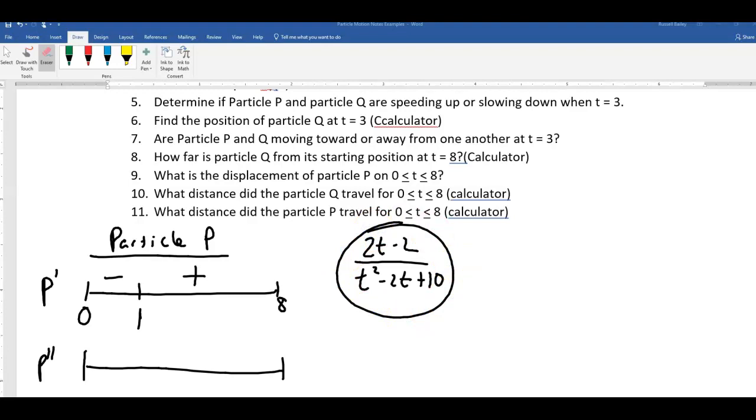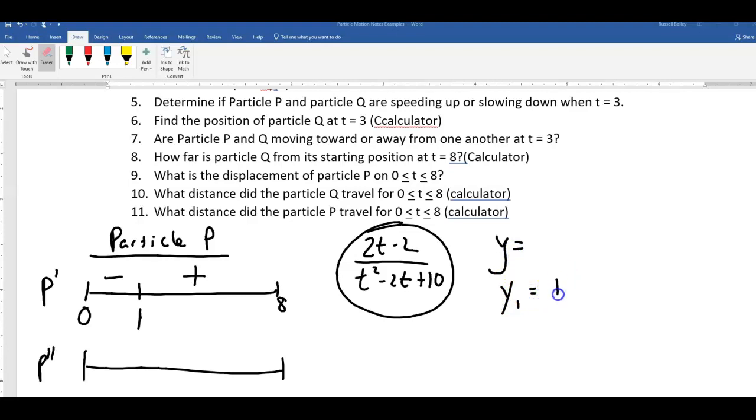Well, first of all, let's talk about why it helps. If I graph that derivative, I can find where that function is positive and where that's negative by looking at where it's above and below the x-axis, just the same way I did with the first derivative. All right. Now, how do I graph the derivative of that function? Well, you're going to go to y equals, and under y1, you're going to type the following.